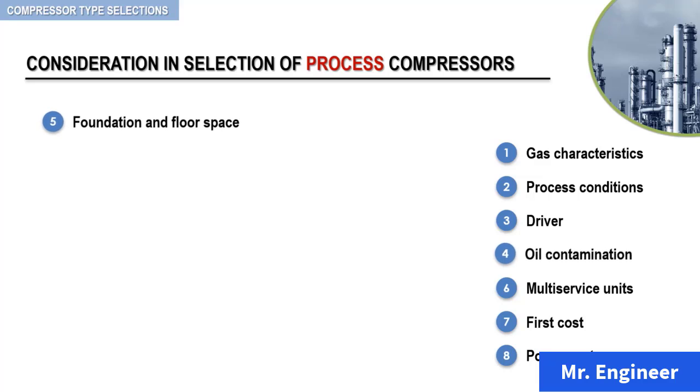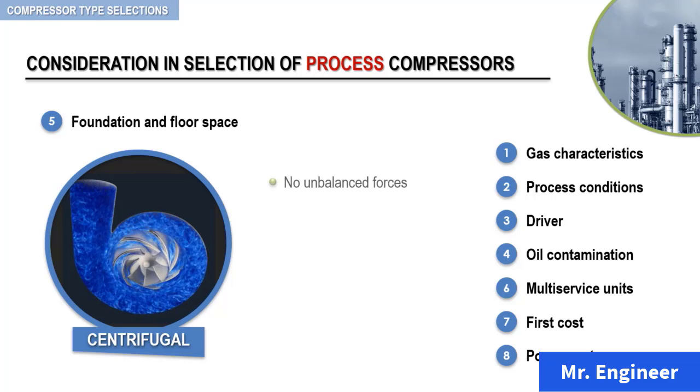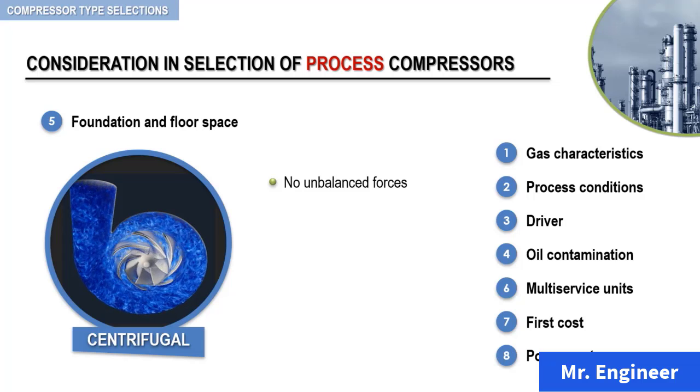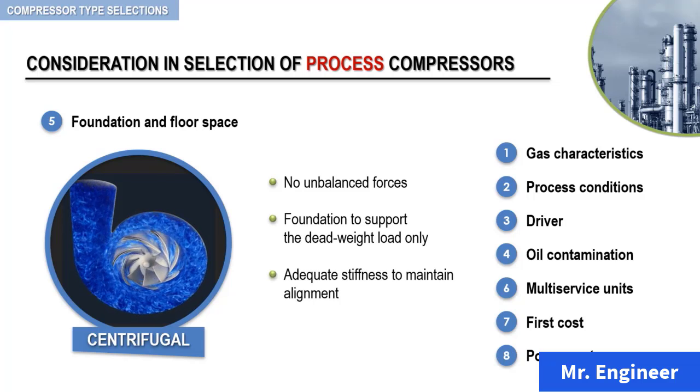For foundation and floor space, soil and foundation conditions must be considered in compressor selection. In a few instances, this dictates the type of machine. A centrifugal compressor operates without producing unbalanced forces. The foundation will need only to support the dead weight load with adequate stiffness to maintain alignment.